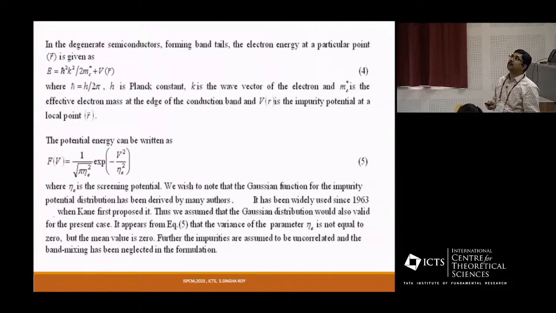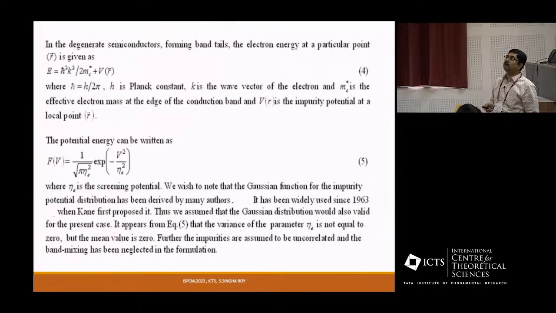In the case of degeneracy, the screening potential increases. If the impurity potential increases, the screening potential also increases. The potential function depends on the impurity screening potential, which is very vital.